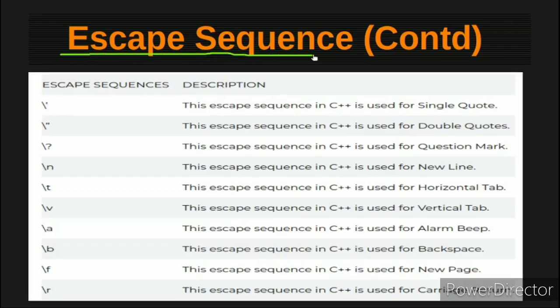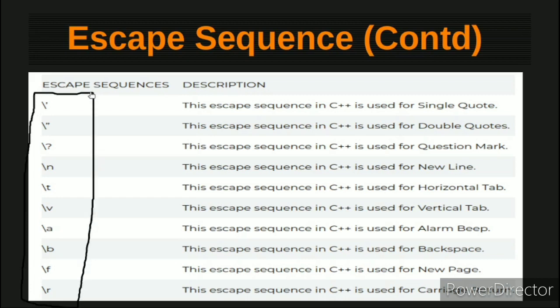Now this is the list of some of the important escape sequences along with their description. As you can see, every escape sequence begins with a backslash. Well, now what you can do is pause the video and go through all these escape sequences along with the description.